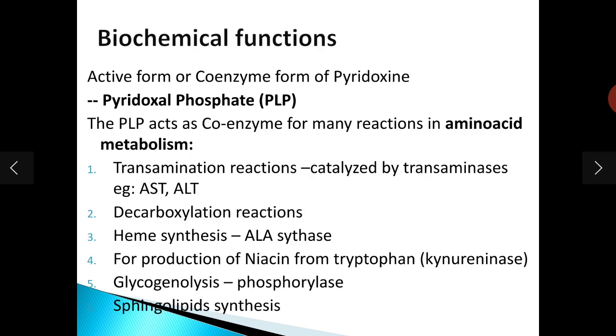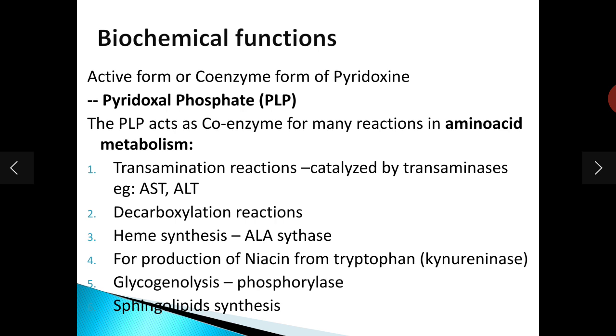Coming to its biochemical functions, the active or coenzyme form of pyridoxine is pyridoxal phosphate, that is PLP, just as TPP, thiamine pyrophosphate, is the active form of thiamine.